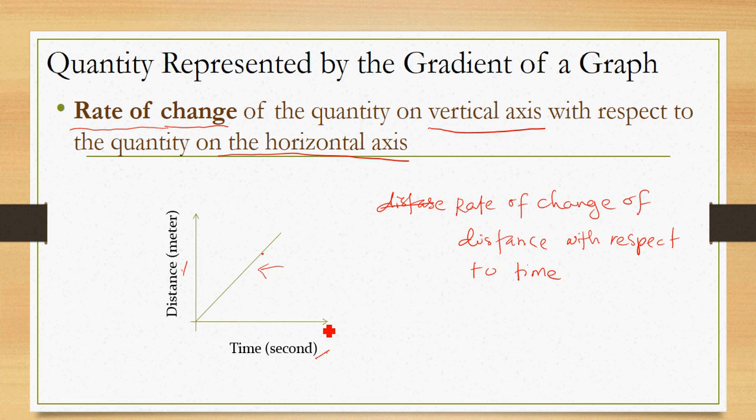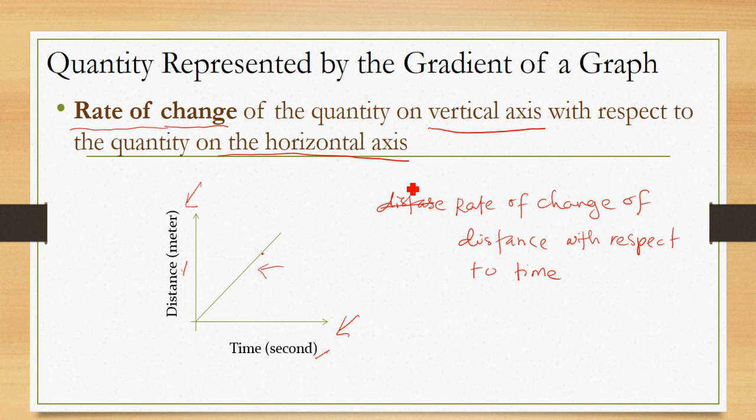So simple, remember, the gradient of a graph is the rate of change of the quantity on the vertical axis with respect to the quantity on the horizontal axis. Okay, rate of change.